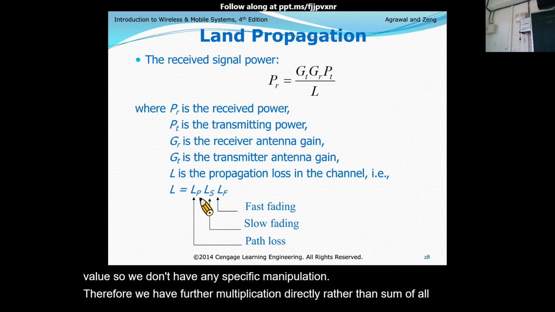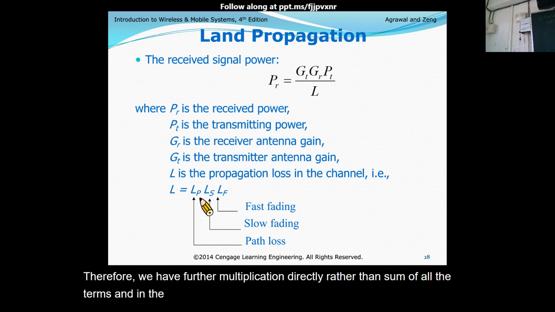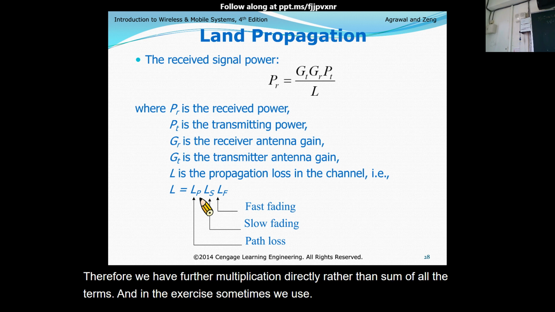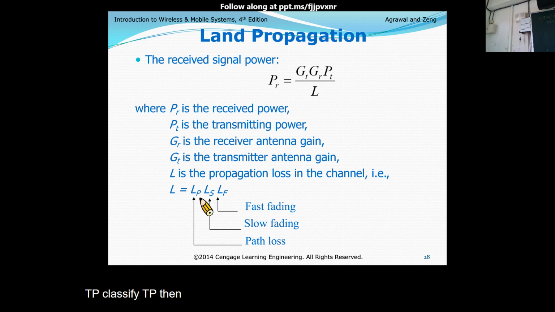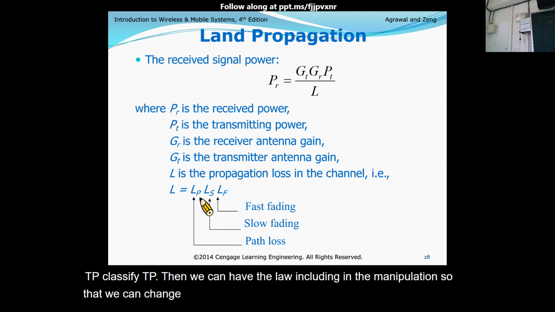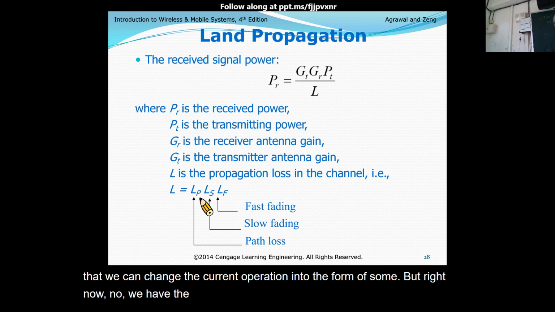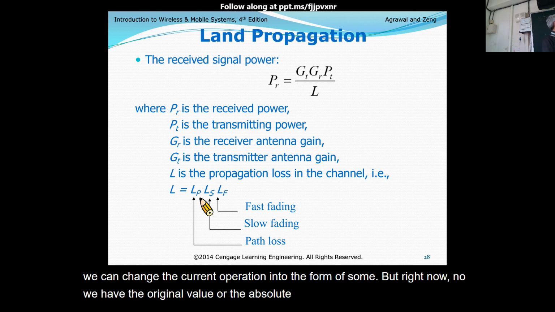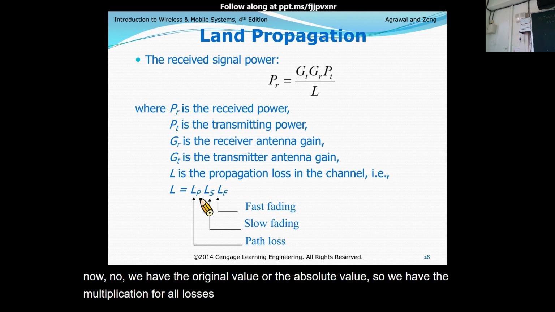And in the exercise, sometimes we use dB, decibel. With dB, we can have the log included in the manipulation so that we can change the current operation into the form of sum. But right now, no, we have the original value or the absolute value. So we have the multiplication for all losses and multiplication for all gains. All right, so this one.